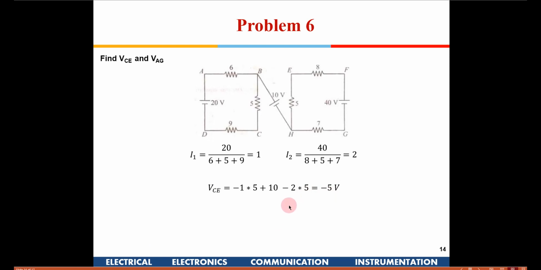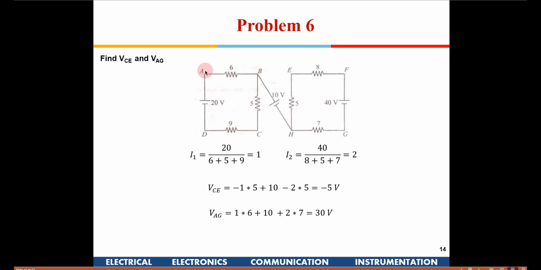Sir, why are we taking -1, sir? Yes, -1 is because we are taking the voltage between C and E, so we are moving from C towards E, and the current which is flowing is in the opposite direction here. Then it should be plus 2 only, no, sir, because current is going from E to H?